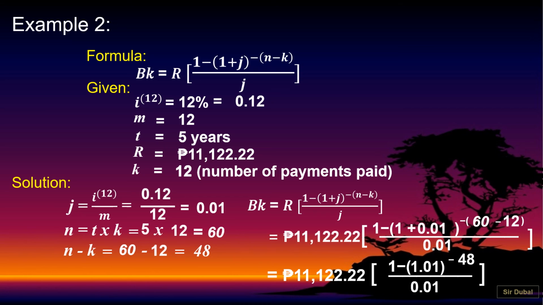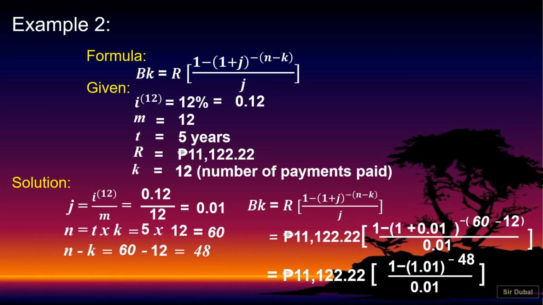The result is 0.62026040505625. Then we keep that answer. Then 1 minus the answer we had before, 0.62026040505625. The result of the subtraction is 0.3797395949348. This answer we then divide by 0.01.